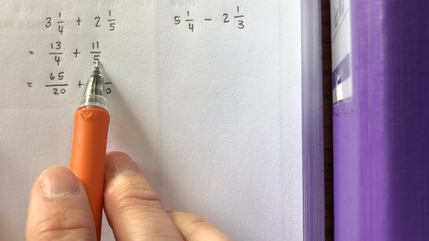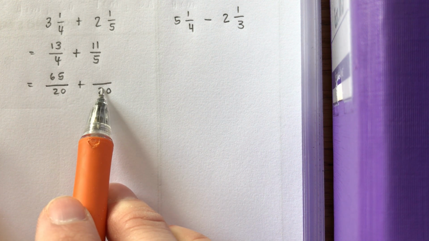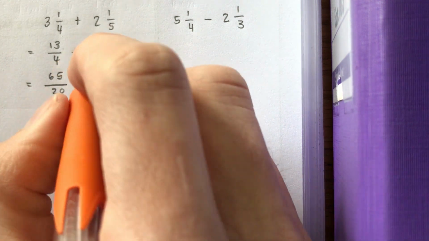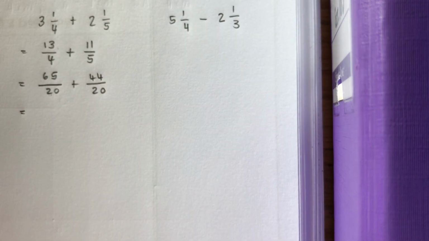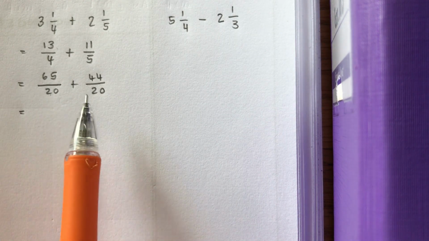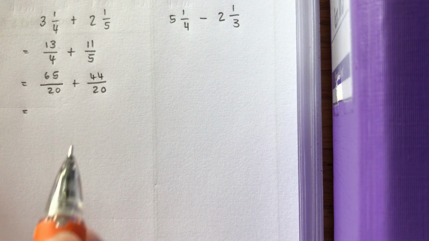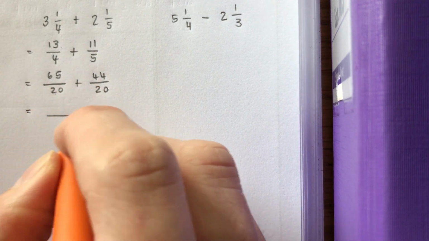Then from 5 to 20 we multiply with 4, so we need to do the same to the numerator. 11 times 4 will give us 44. And because we have the same denominator there, we can now write it as one fraction, where the denominator is 20.